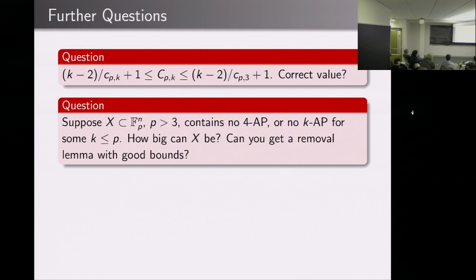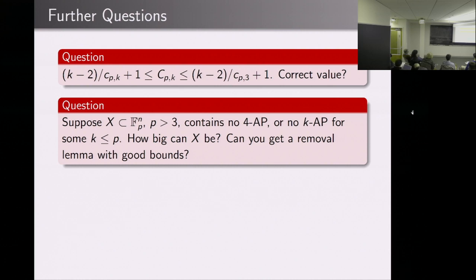Another question is, if you have a subset of F_p to the n, and this was also mentioned earlier, if it has no 4-term arithmetic progression or no k-term arithmetic progression, how large can it be? I believe the polynomial method gives a trivial bound for 4 and worse than the trivial bound for larger k. And can you also get a removal lemma with good bounds?